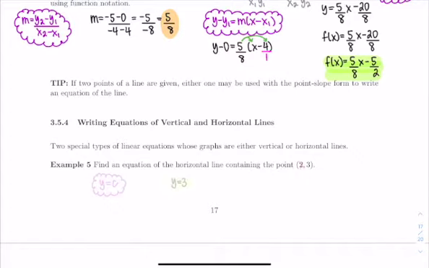Now, we know that horizontal lines are in the form y equals c. I care about y, so I really don't care about the x coordinate here. And we can just write this as y equals 3.